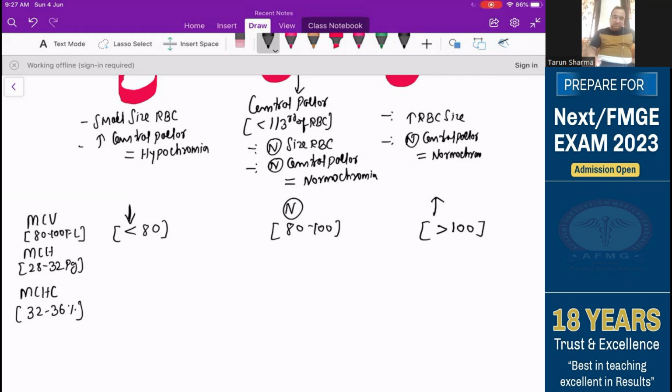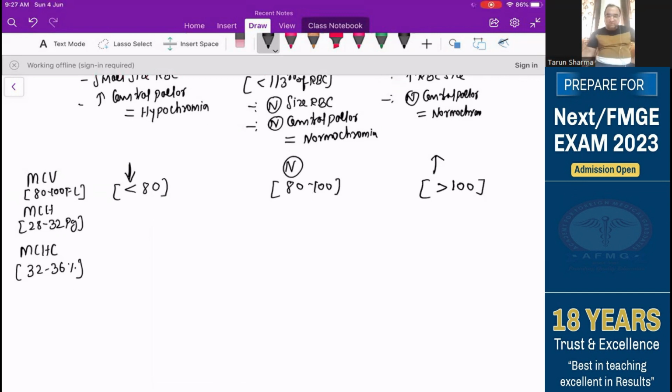And what are the values which are important here as far as MCH and MCHC are considered? Remember, MCH and MCHC usually follow the MCV values. If MCV is reduced, then MCH and MCHC both will be reduced. If MCV is normal, then MCH and MCHC also remain normal.